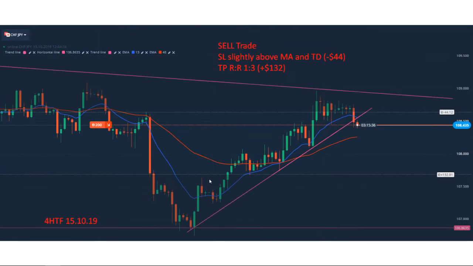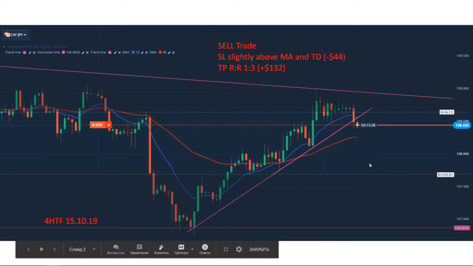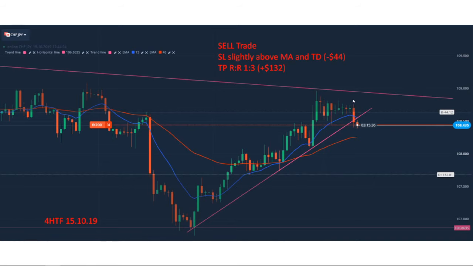So here I have another example, and this is an example of a sell trade. Here we see that the price is breaking the trend line up, and also it's moving below the moving average. I opened a sell trade to the downside, and I placed my stop loss slightly above the moving average, which is also slightly above the trend line that was just broken.